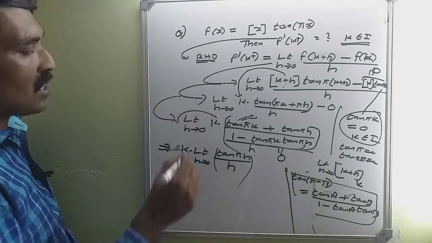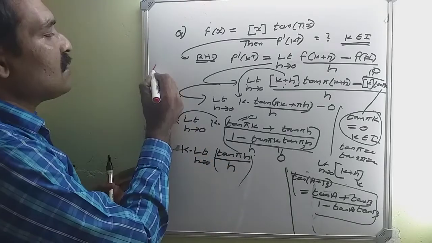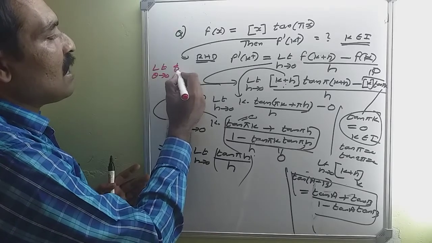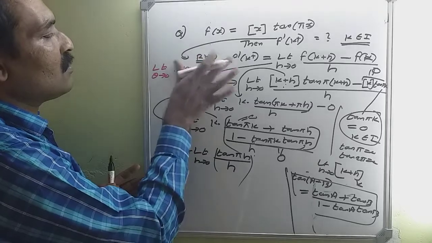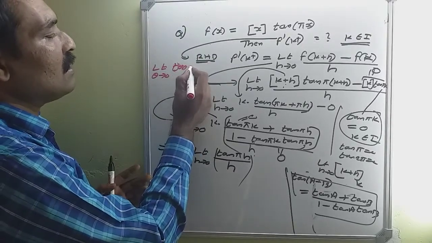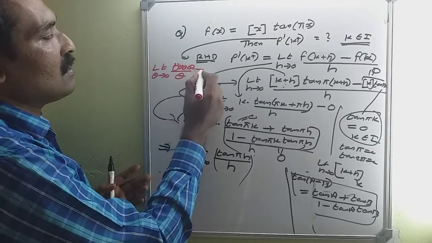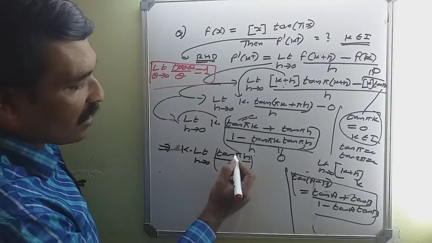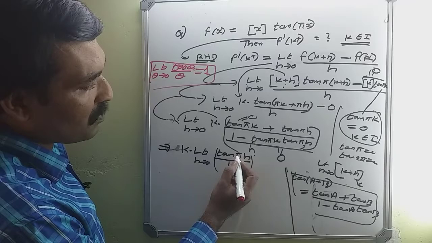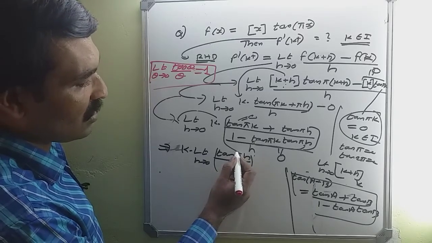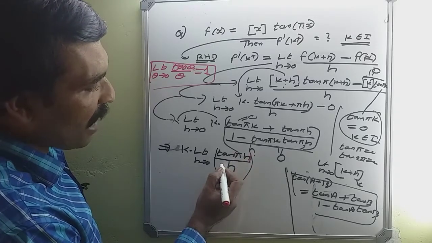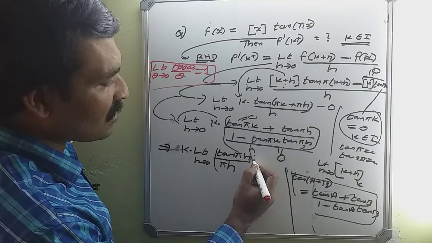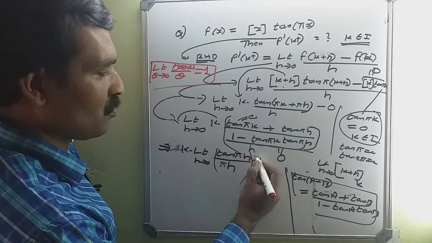Now using the standard limit, limit theta tends to 0 of tan theta by theta is equal to 1. Here the argument is pi h, so I am multiplying the denominator by pi, and to balance, I am multiplying the numerator also by pi.